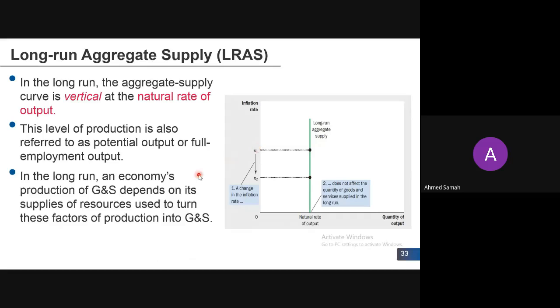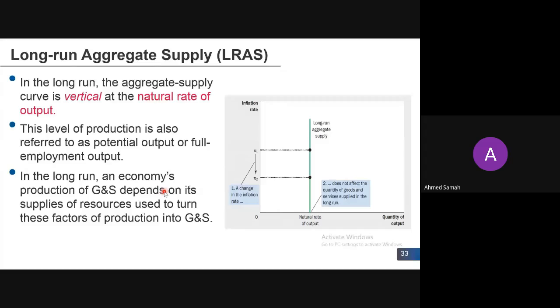In the long run, an economy's production of goods and services depends on its supply of resources used to turn these factors of production into goods and services. So in the long run, production will depend on how much resources are available rather than the price of a particular product.